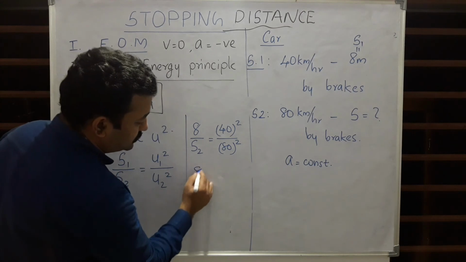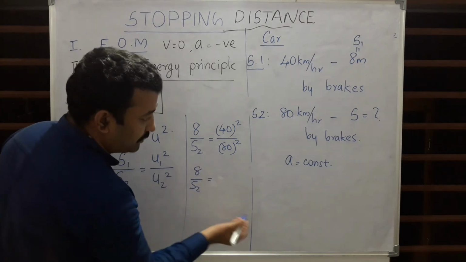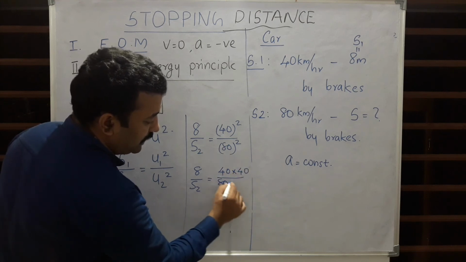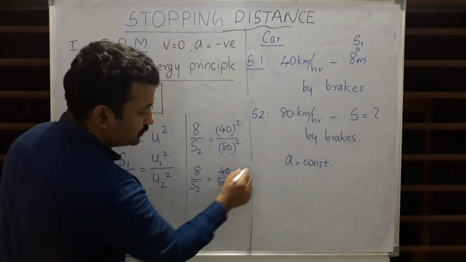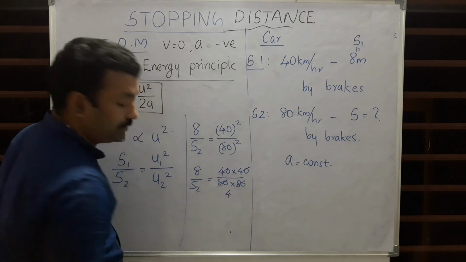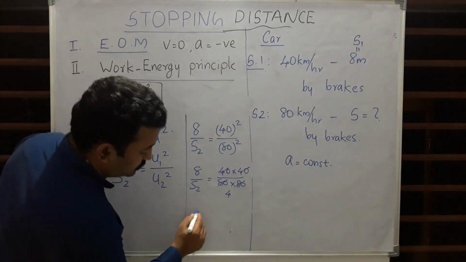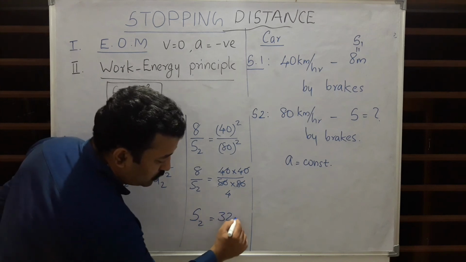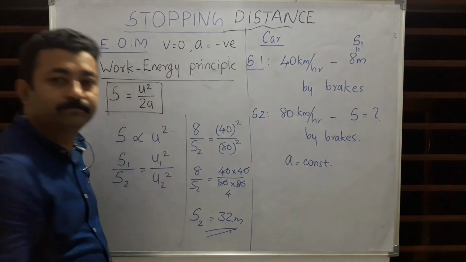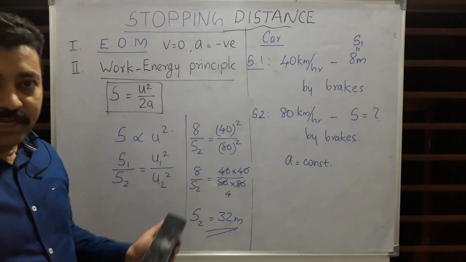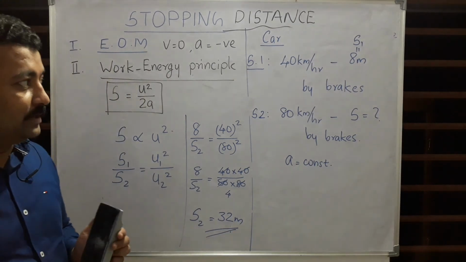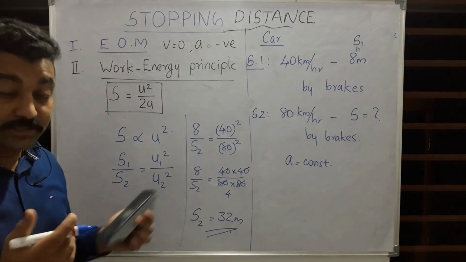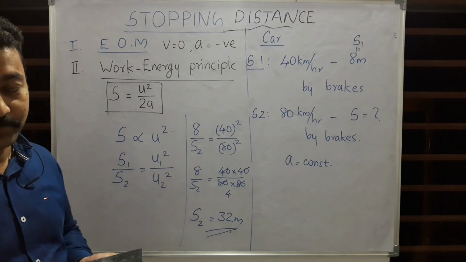So 8 divided by S2 is 40 into 40 divided by 80 into 80. Simple to solve, you will get 4 in the denominator. S2 will be equal to 4 into 8, 32 meters. So we have seen how to do a problem when there is a comparison between two situations of the same car or same system.